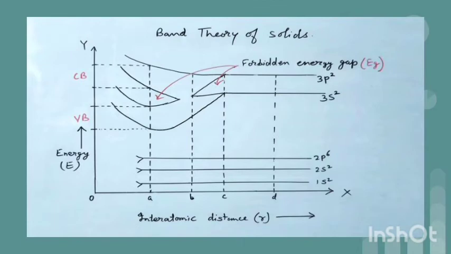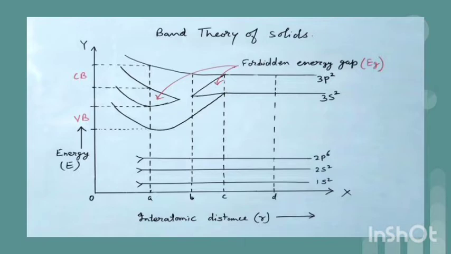We know that in an isolated atom, the electrons occupy well defined energy levels. In a crystal, where there is a large number of atoms, they influence each other, and due to interatomic interaction, there is considerable modification in the energy levels of the electrons in the outer shells. The result is the valence electrons are shared by more than one atom in the crystal.